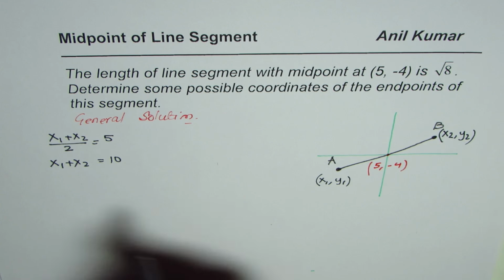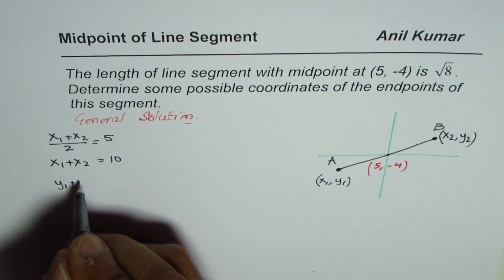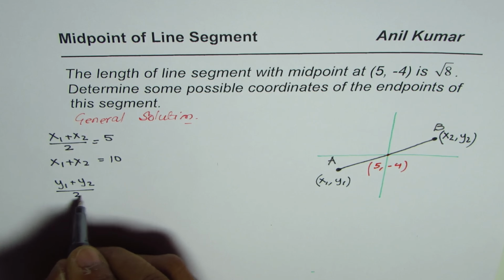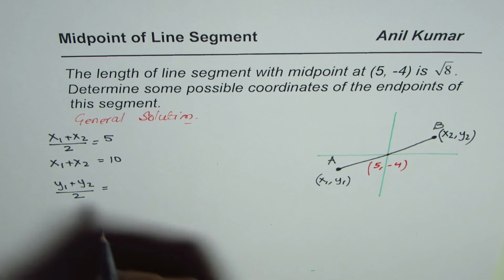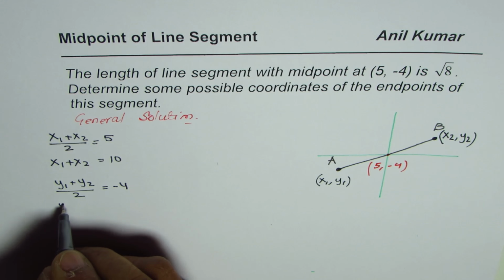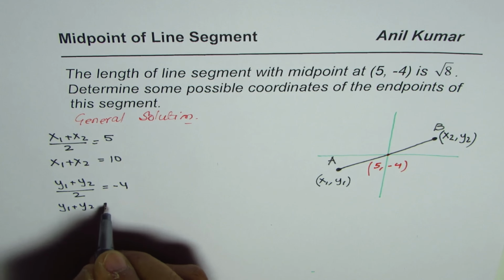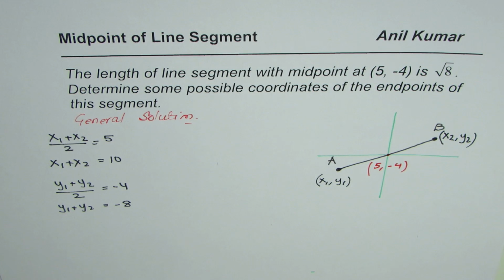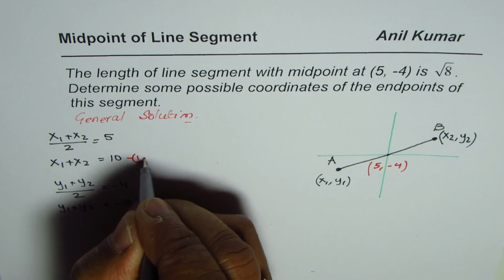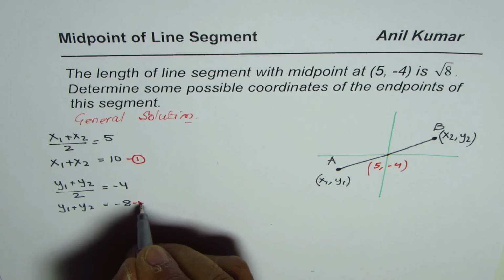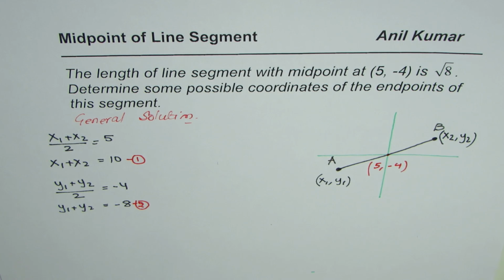We can get another equation by writing (y1 plus y2) divided by 2 as equal to minus 4, or y1 plus y2 is equal to minus 8. So we get two different equations, but we have 4 variables, correct? So indeed, we need 4 equations to solve this particular question.